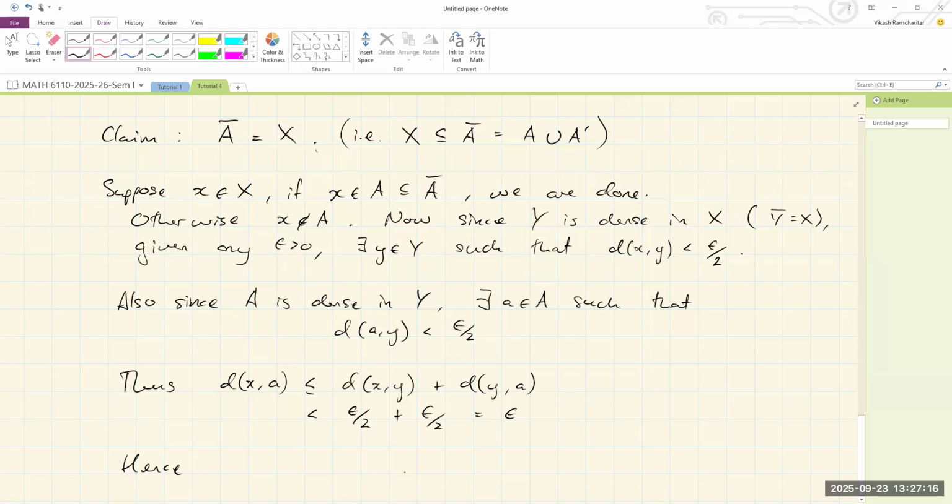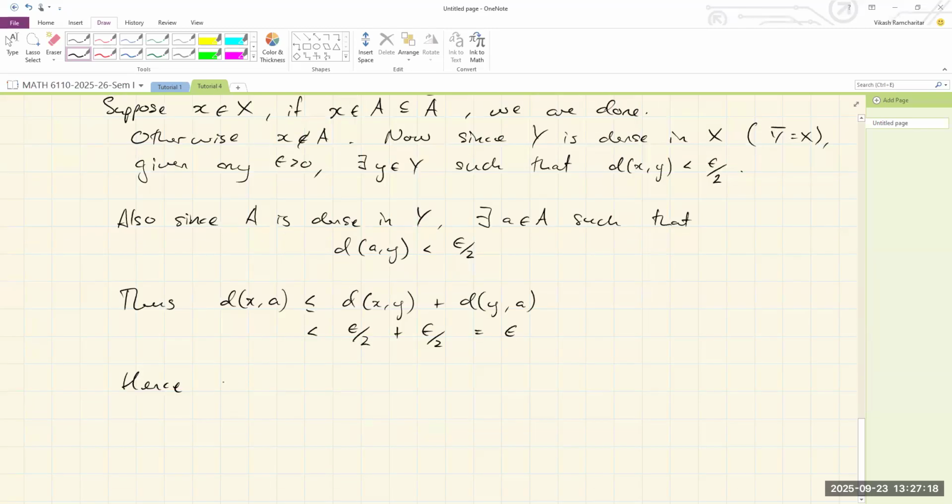So hence, x is a limit point, because this point x was not an element of A. Hence, x is a limit point of A, which means x belongs to the derived set of A, which is of course contained in the closure.